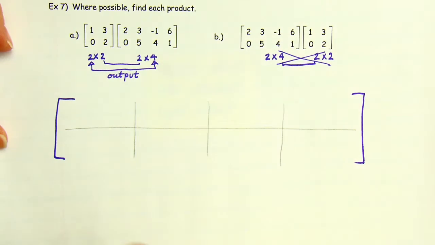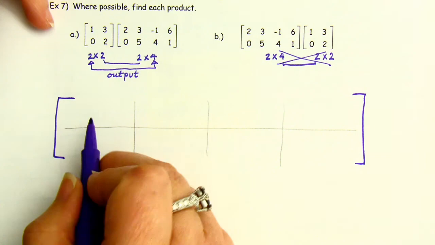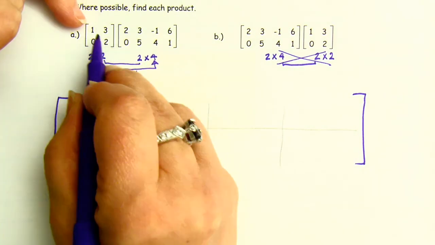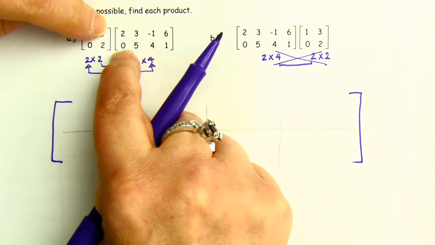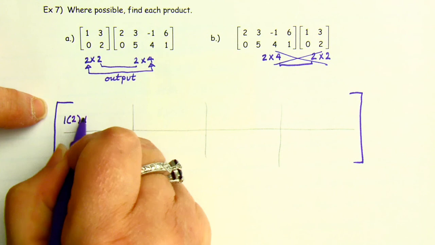Okay, so there's my 2 rows, top and bottom, and my 4 columns. And I'm going to set up for my showing of my work. Now remember, this is row 1, column 1 here, so I'm going to multiply row 1 with column 1. First with the first, second with the second. 1 times 2, 3 times 0. 1 times 2 plus 3 times 0.